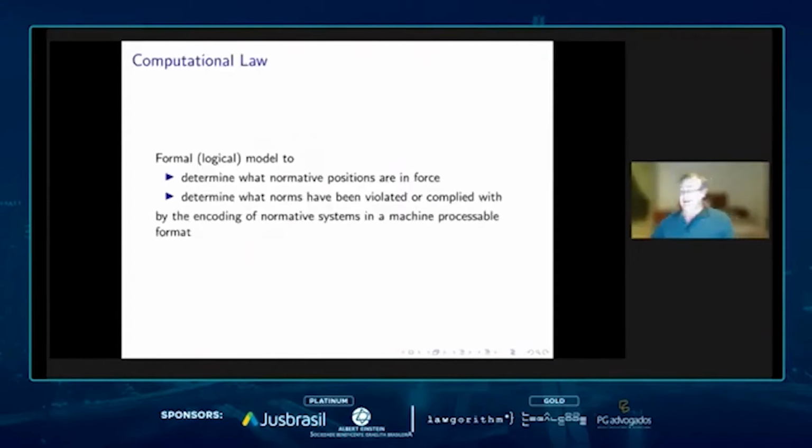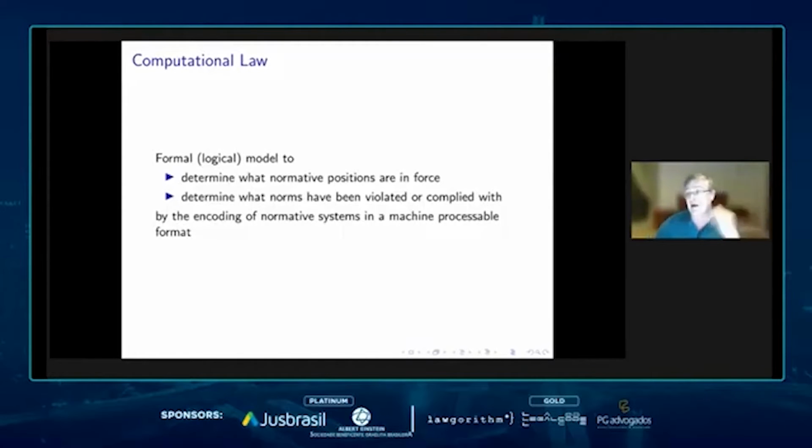Now, this work is essentially an extension of what Alice just presented, and it's in the area of computational law. Computational law is the foundation of what we call the Ruler's Code, and in our view, computational law is just the use of logic, formal models in particular, to first determine what normative positions, obligations, prohibitions, and permissions are in force in a particular situation.